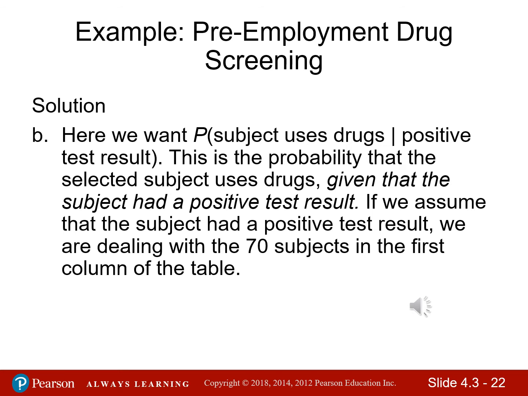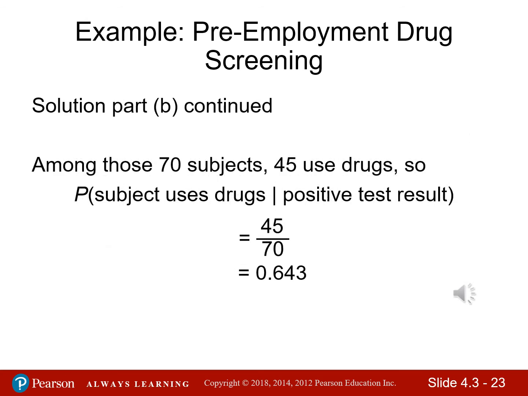If we assume that the subject had a positive test result, then we are dealing with 70 subjects in the first column of the table. Among those 70 subjects, 45 used drugs, so we can say that the probability the subject uses drugs given a positive test result is equal to 45 over 70, and that's equal to 0.643.